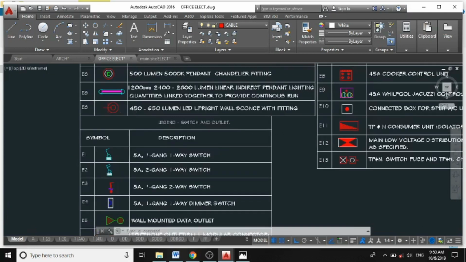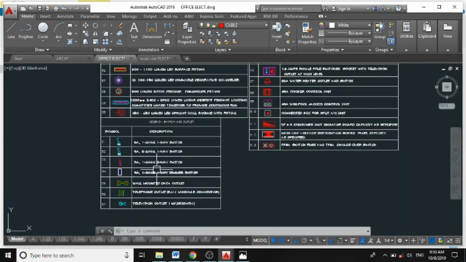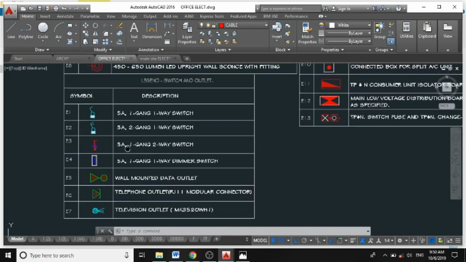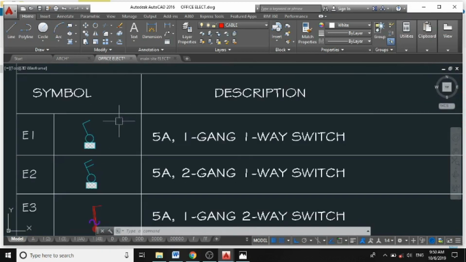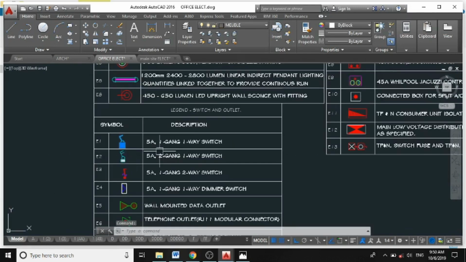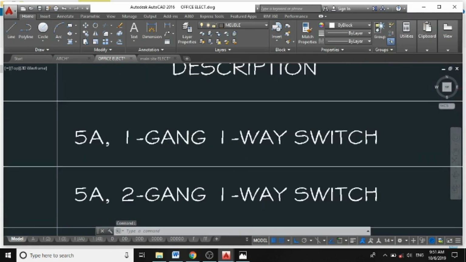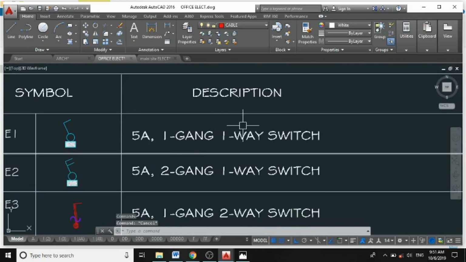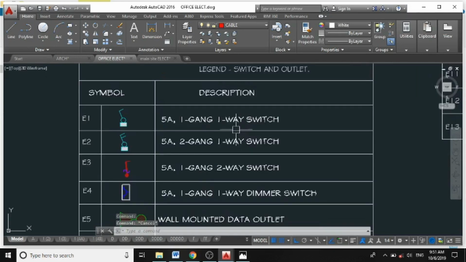It is basically the symbolic representation of accessories used in the project. Here is my legend. For my switch, I'm having this symbol representing a 5 ampere 1 gang one-way switch, as I've explained gang and ways.